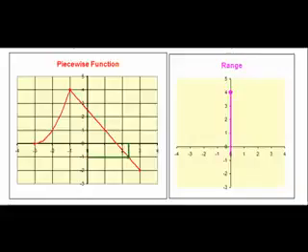Okay, and here we see that our range will be y is less than or equal to 4, since we are including the point 4. As it continues down, we see that it will be y is greater than or equal to negative 2.